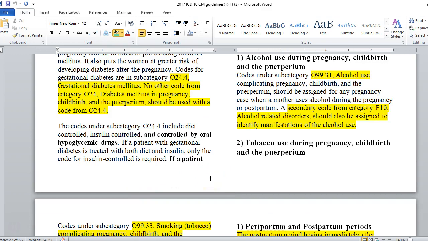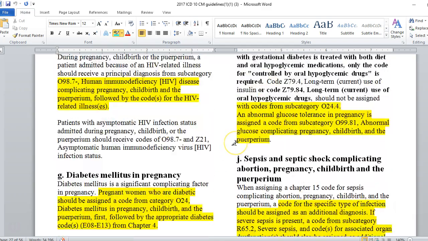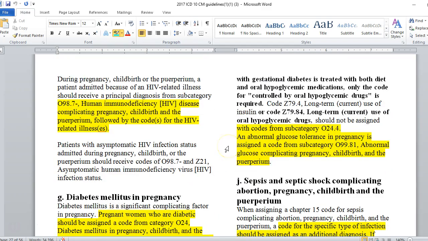Now, the codes under subcategory O24.4 include diet-controlled, insulin-controlled, and controlled by oral hypoglycemic drugs. If a patient with gestational diabetes is being treated with both diet and insulin, only the code for insulin-controlled is required. If a patient with gestational diabetes is being treated with both diet and oral hypoglycemic medications, only the code for controlled by oral hypoglycemic drugs is required.